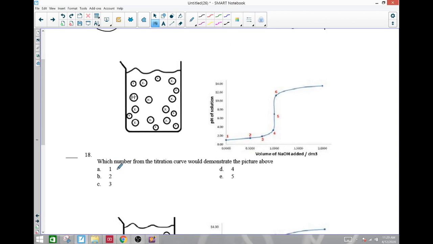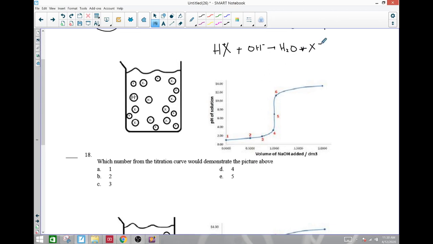All right. Which number from the titration curve would demonstrate the picture above? All right, so let's see what we got here. So we know that we started out adding base, so it starts out acidic. So my beaker starts out with a lot of acid, and then I keep taking my H plus, let's call it HX, and I'm reacting it with our base to produce water molecules and X negative.